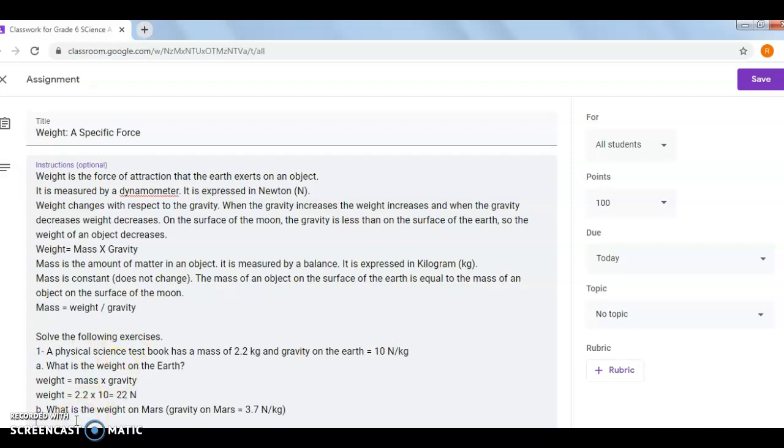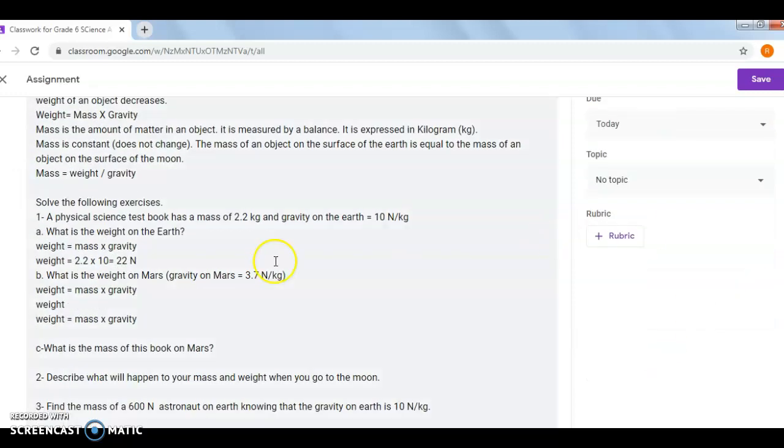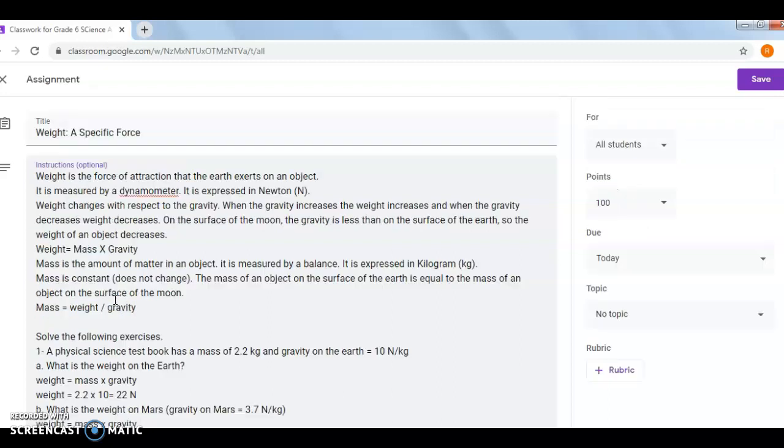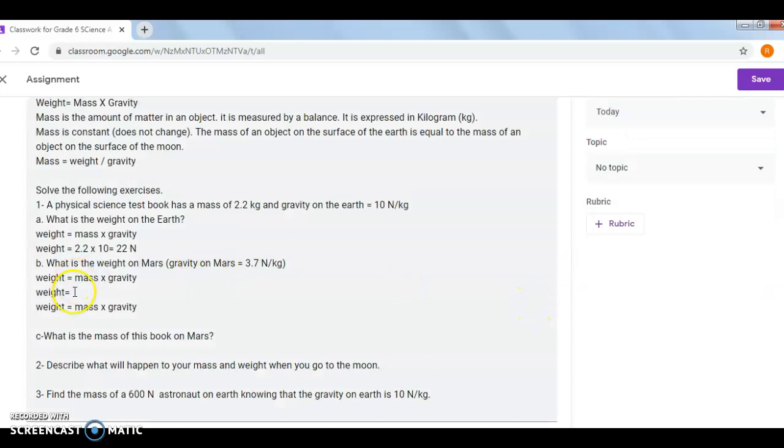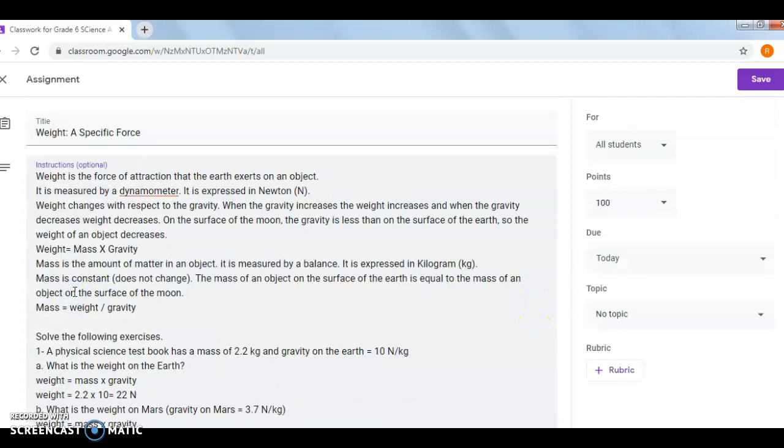The second part of this question is: what is the weight on Mars? So again we have to write the equation, weight equals mass times gravity, but now the gravity is on Mars, not on the Earth. So here we have a different value. So the mass 2.2 multiplied by 3.7.